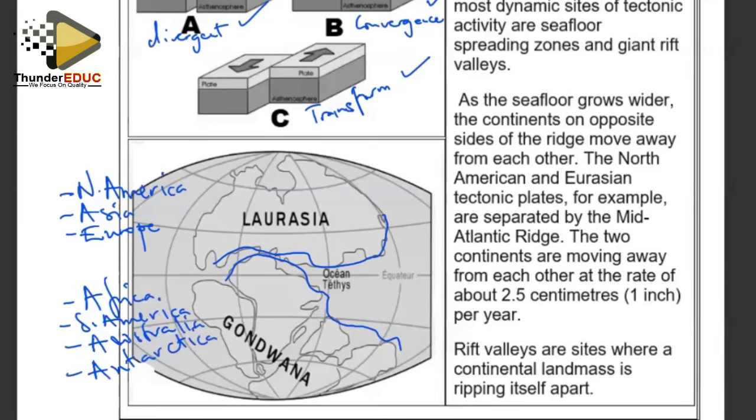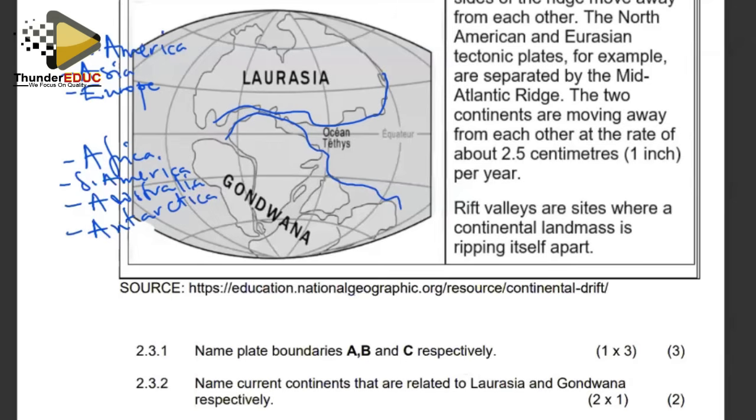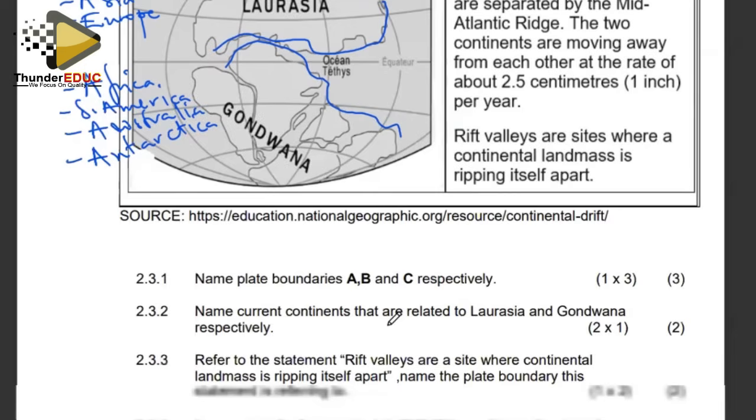Right, those are in the south. So basically we are saying which continents are in the north and which continents are in the south according to the split of the mother continent, the major continent, Pangaea, into Laurasia and Gondwanaland.